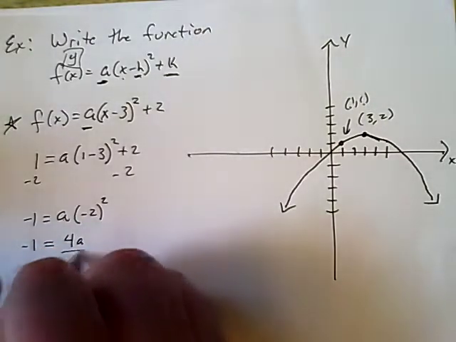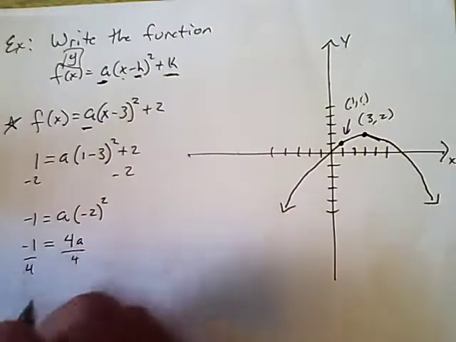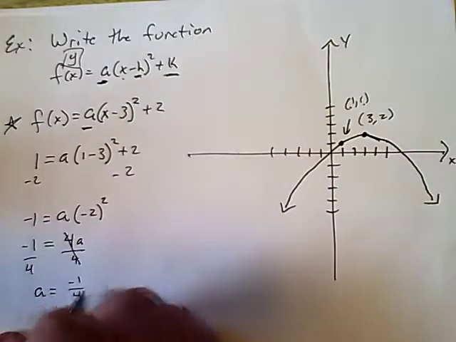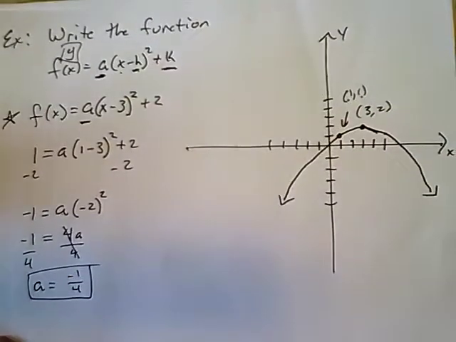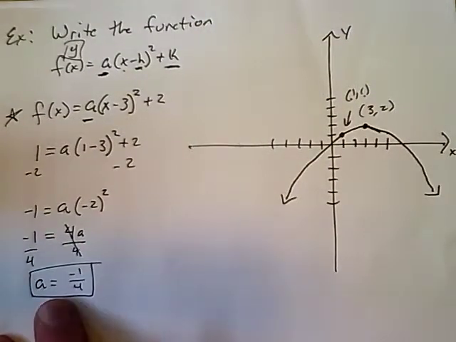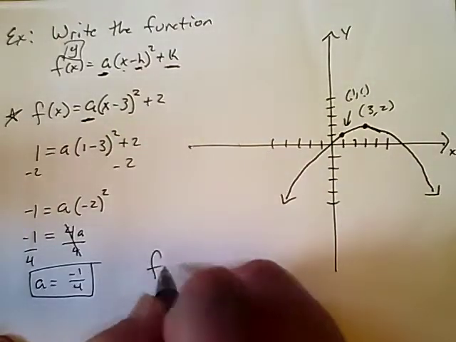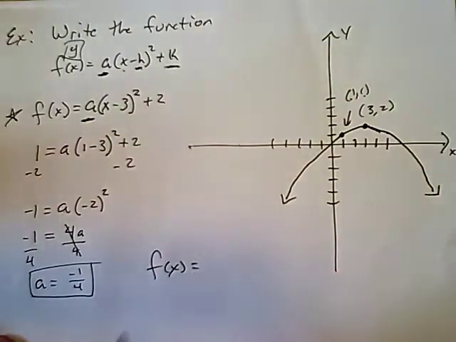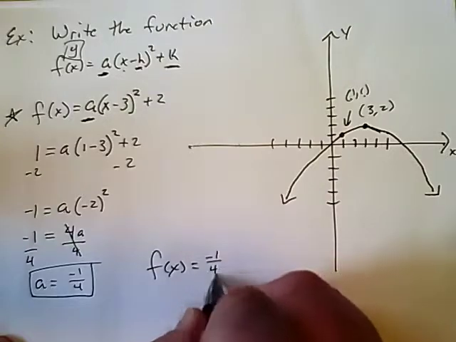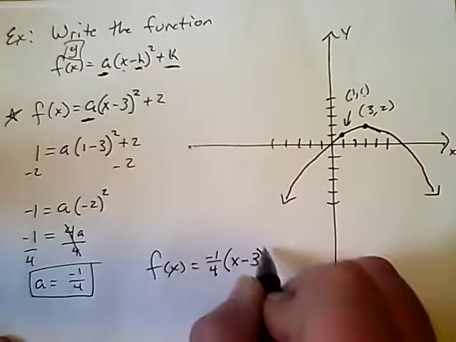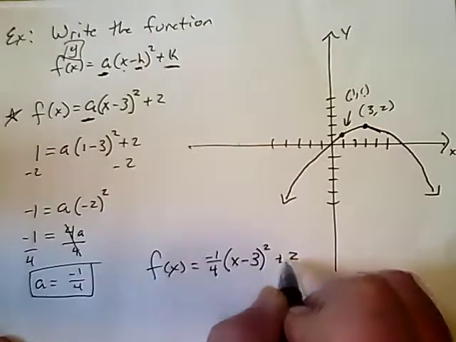And now I can divide by 4. And clearly now I get a equals negative 1 over 4. Take my a, and I'm going to plug it right back here. So now the function f of x equals negative 1/4 times x minus 3 squared plus 2.